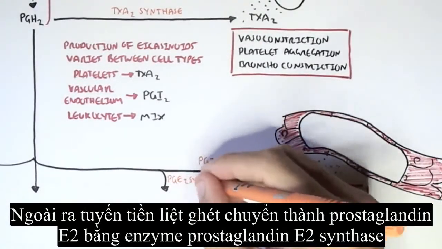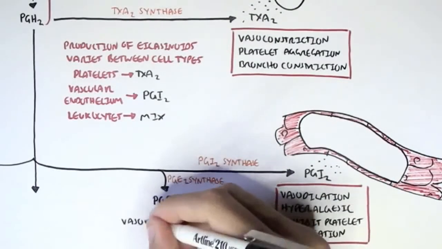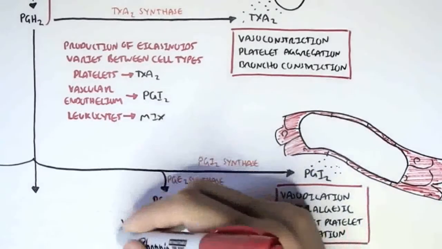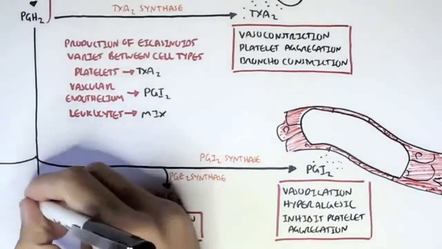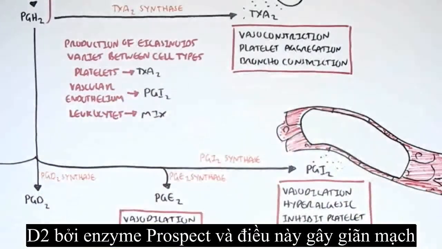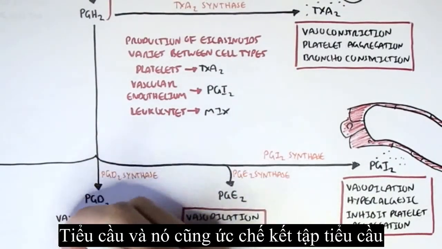Alternatively, the prostaglandin H2 can convert to prostaglandin E2 by the enzyme prostaglandin E2 synthase. This causes vasodilation and is also a hyperalgesic. Prostaglandin H2 can convert to prostaglandin D2 by the enzyme prostaglandin D2 synthase, and this causes vasodilation, and it also inhibits platelet aggregation.